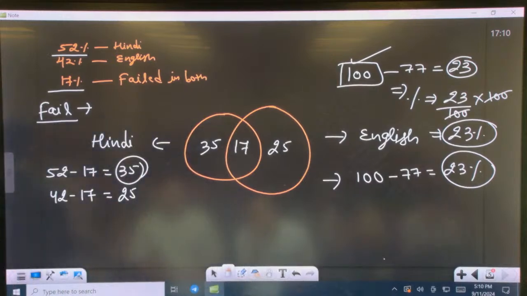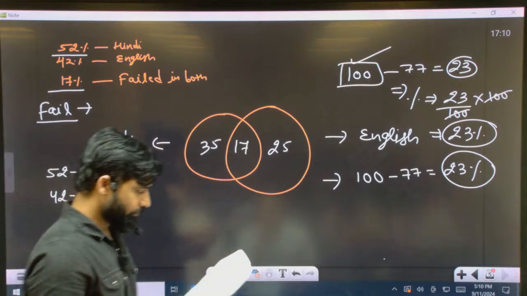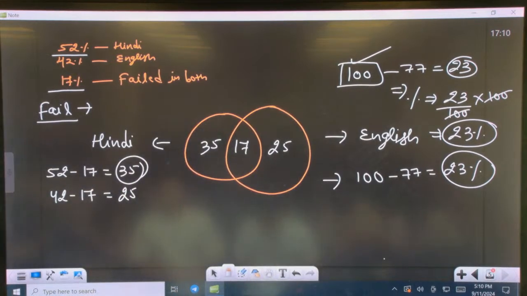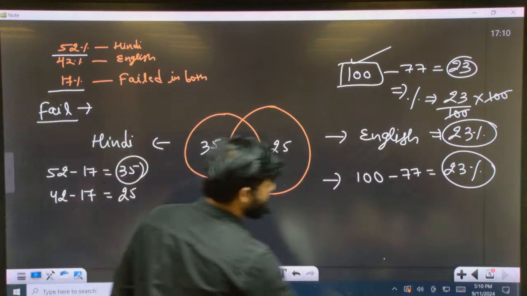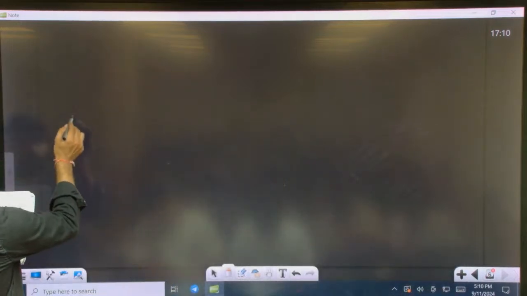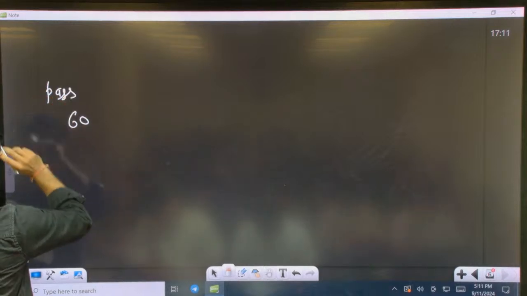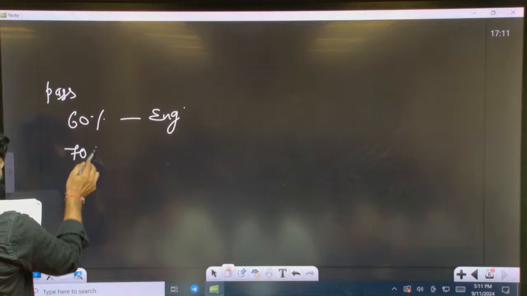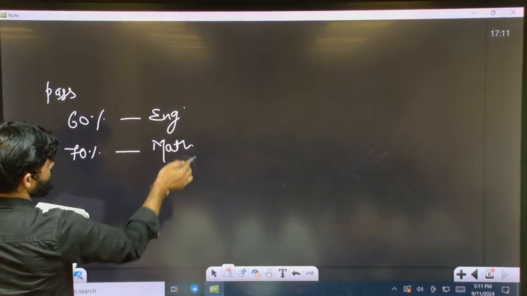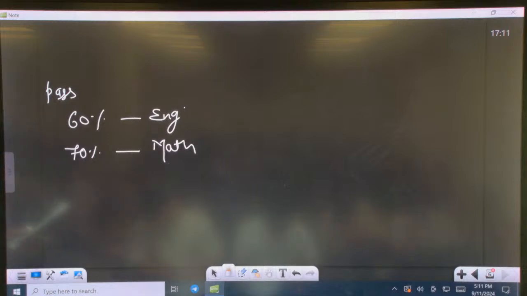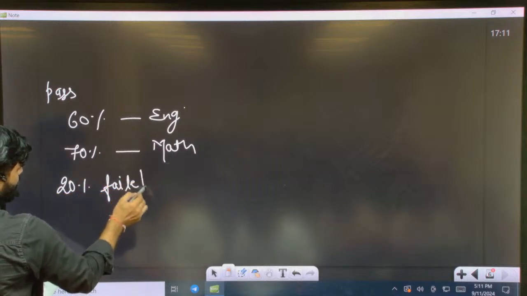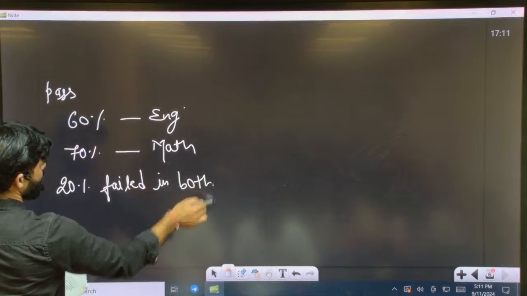Okay, let's move to the next question. 60% students, this is past data now, passed in English. 70% students passed in mathematics, big number, but 20% failed in both.